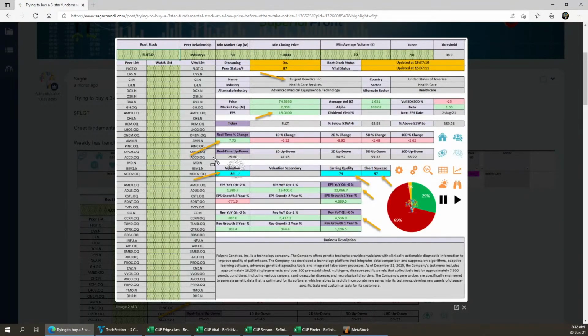I found FLGT undervalued with very high earnings growth as well as revenue growth, earnings quality great, short squeeze potential. So it was yet another 3-star fundamental candidate. How was the chart at that time?